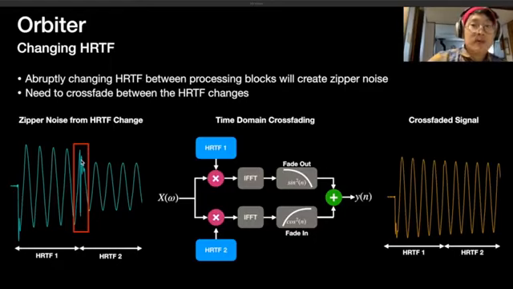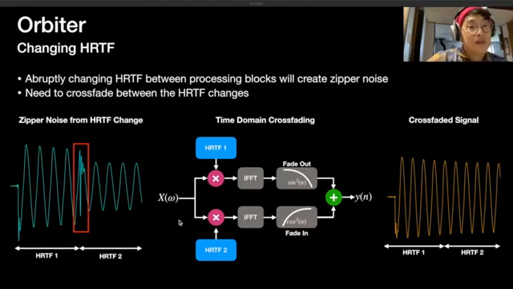There are a number of ways to mitigate this, but the approach that I chose to use was crossfading. What happens is I take a copy of the signal, and one copy gets the old HRTF applied to it. Then it runs through the inverse FFT, and the result gets faded out by this sinusoidal envelope.